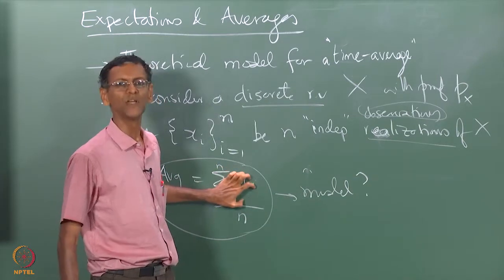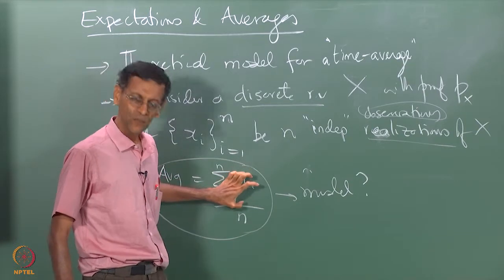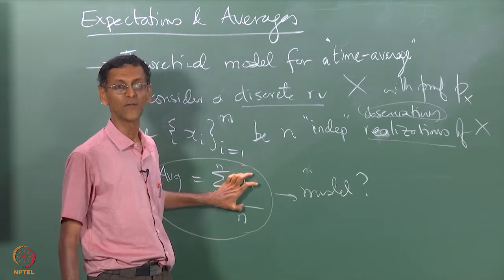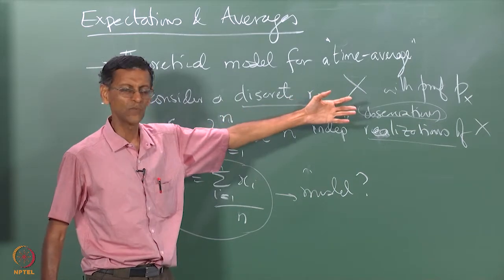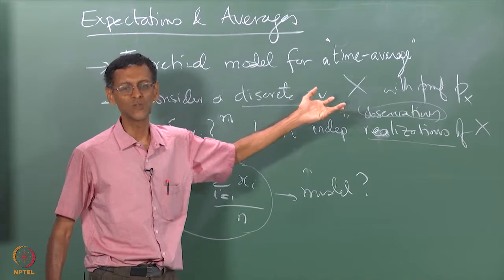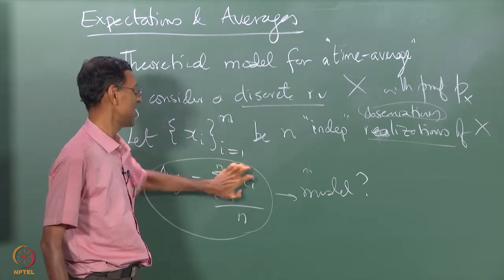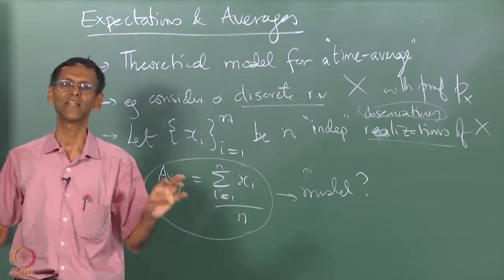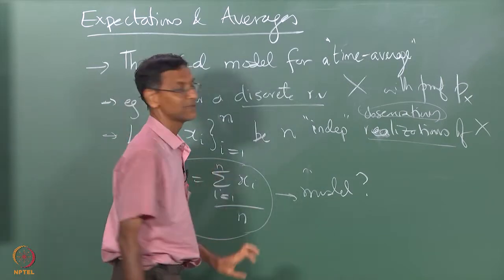Can you not group this into the first value plus the second value plus the third value and so on? Let's say your x is the outcome of a single die, so you have only 6 possible values. Let's not confuse the 6 and the n. Each of the xi is only going to be a number from 1 to 6.